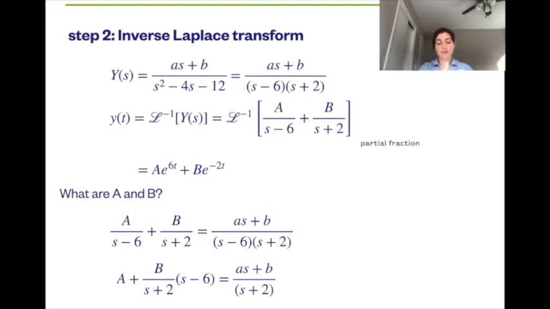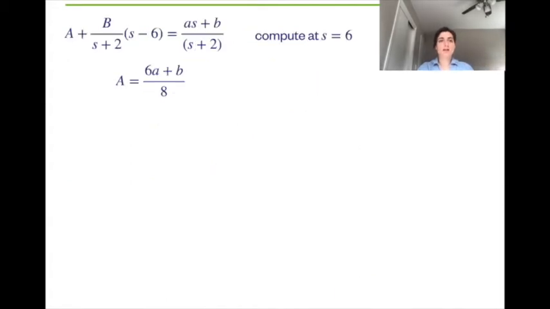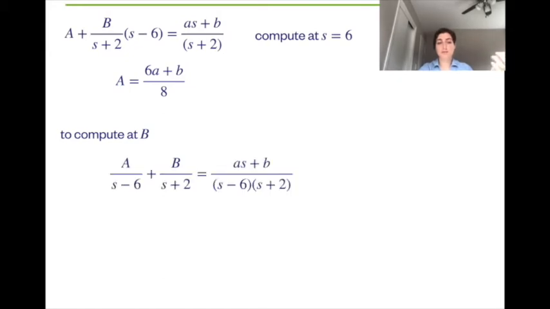To find capital A, we multiply everything by S minus 6. Then we compute it at S equal to 6. Then the fraction with B over S plus 2 is going to be multiplied by 0, and we have a formula for capital A. And we're going to be doing exactly the same to find B. We multiply everything by S plus 2.